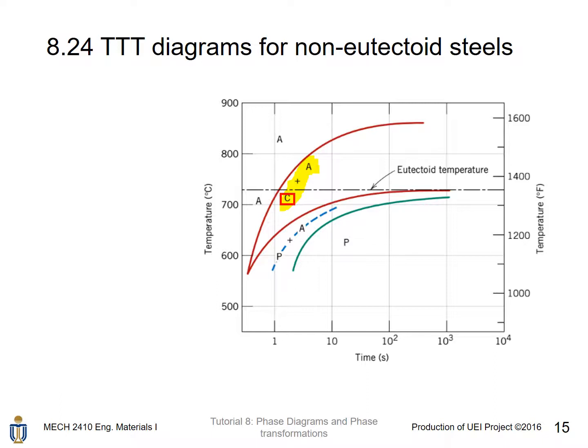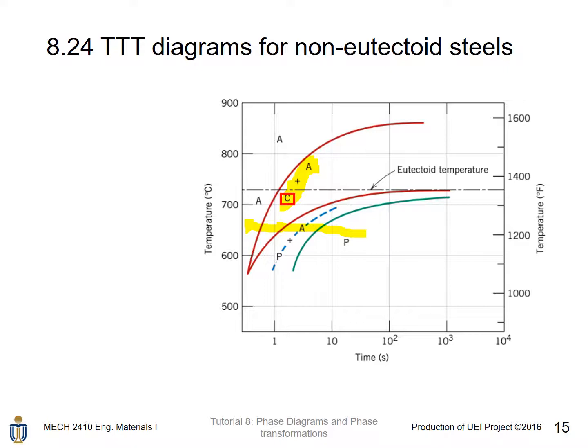You can see that when the steel goes from this point to here, you will first form some cementite, which is definitely the hypereutectoid steel, and then it will form pearlite. The rest of them will form pearlite.